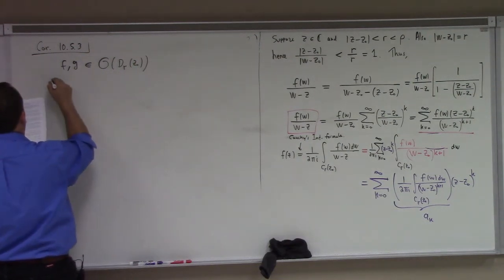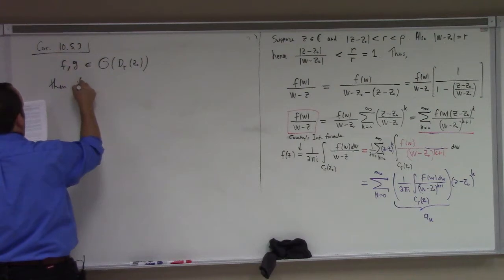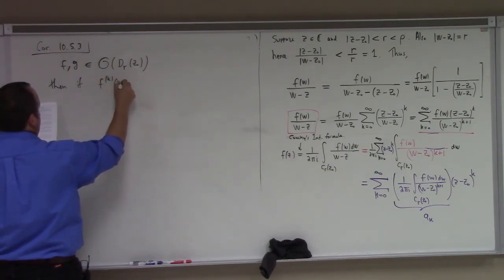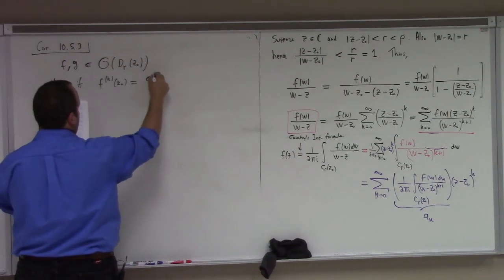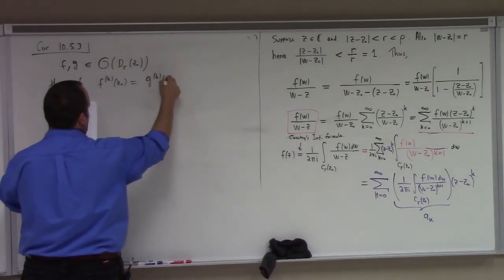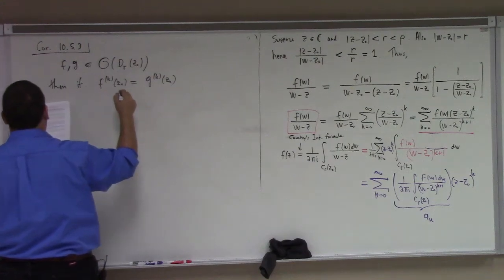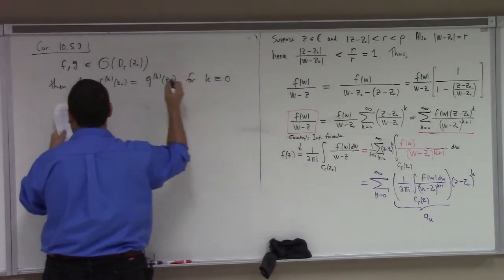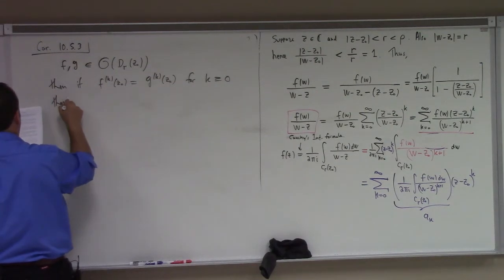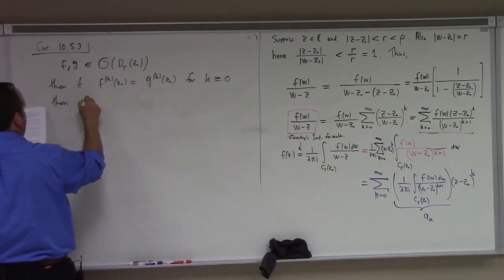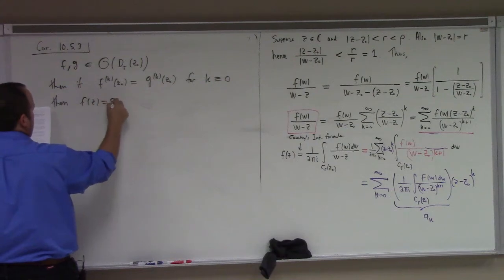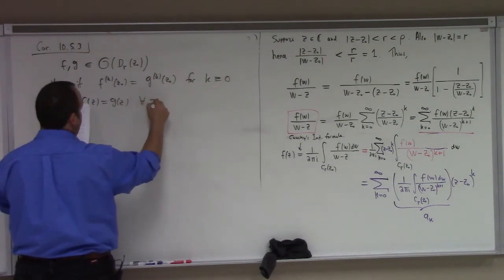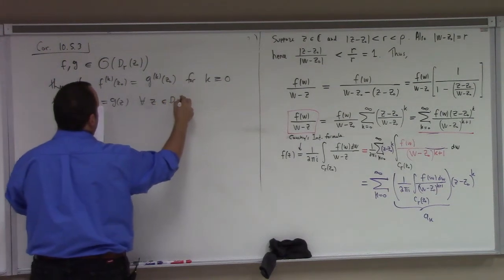Then if the kth derivative of f at z naught is equal to the kth derivative of g at z naught for k greater than or equal to 0, then f of z is equal to g of z for all z in the disk of radius r.